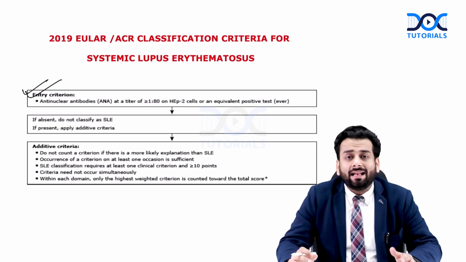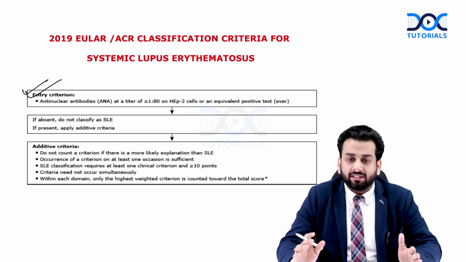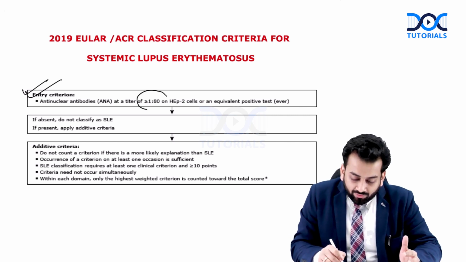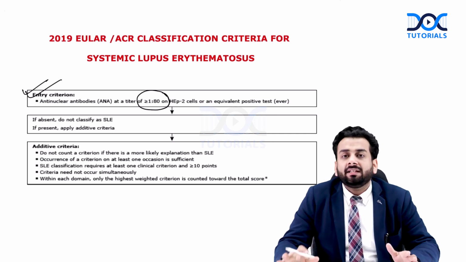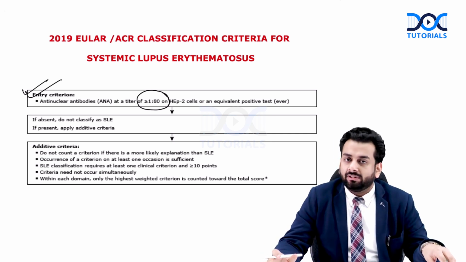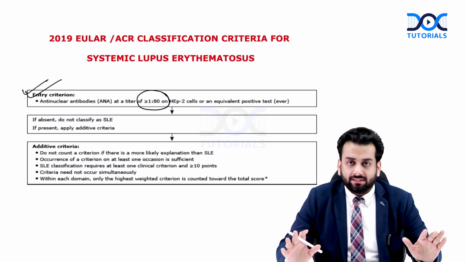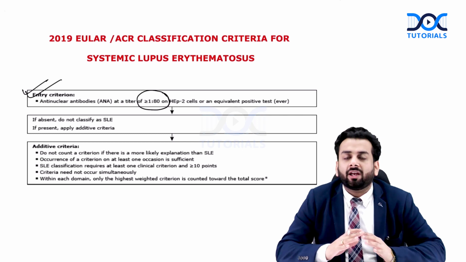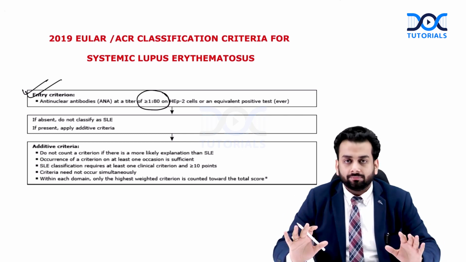So it says that there is a mandatory entry criteria of an ANA positivity of more than equal to 1:80 positivity on Hep2 cells or an equivalent positive test ever. So this has to be there. If it is absent, the patient does not classify as SLE. So basically, you cannot label an ANA negative person to be SLE.